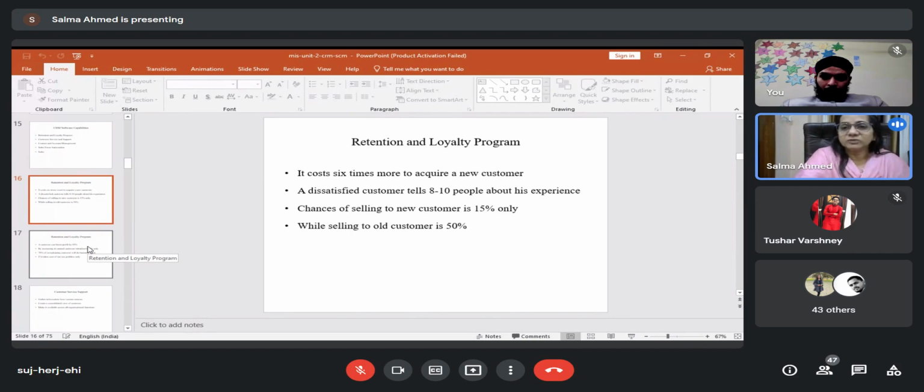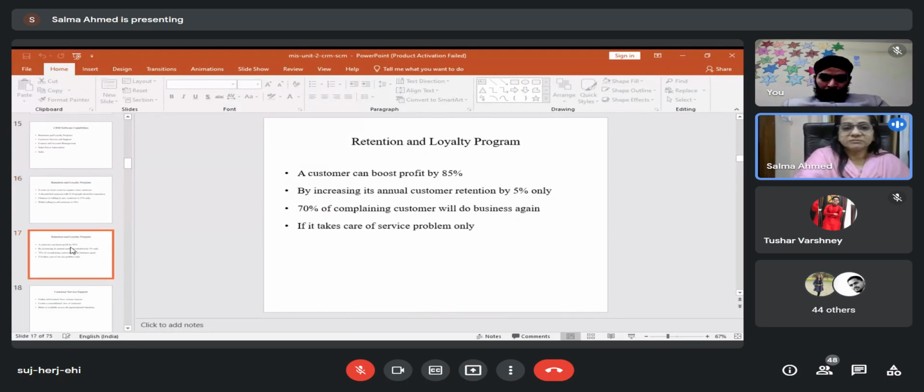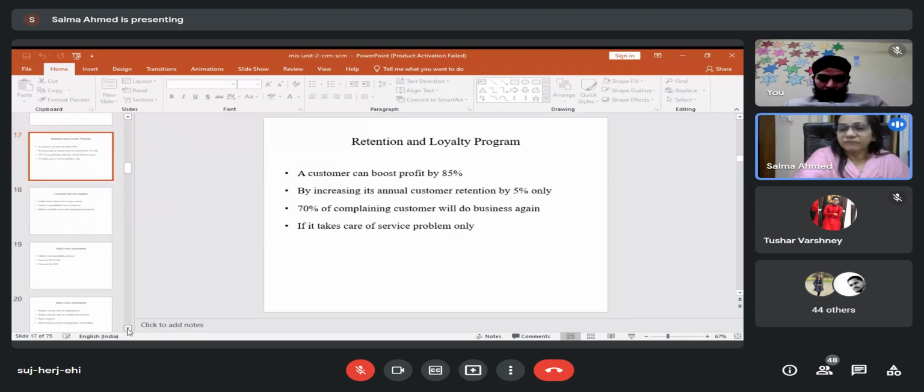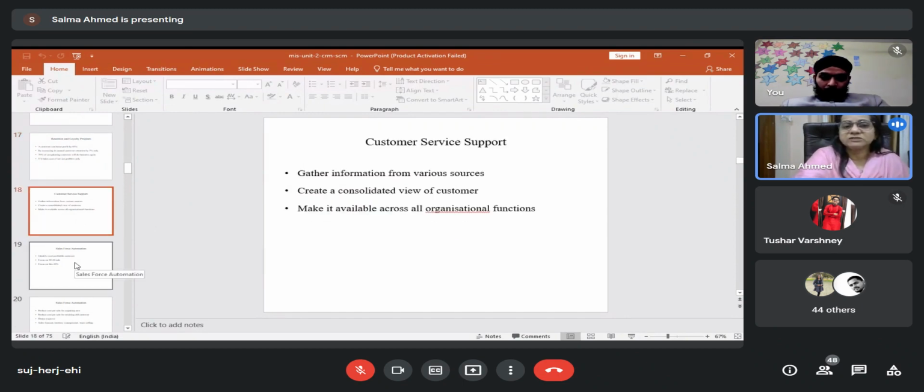Chances of selling to a new customer is only 15%, while selling to an old customer is as high as 50%. So it's better that we make a little bit of investment in order to retain my customer, right? Then a customer can boost profits by 85%. If we spend only something like 5% in order to retain a customer, then 70% of the complaining customers would do business again if we remove his discontentment.